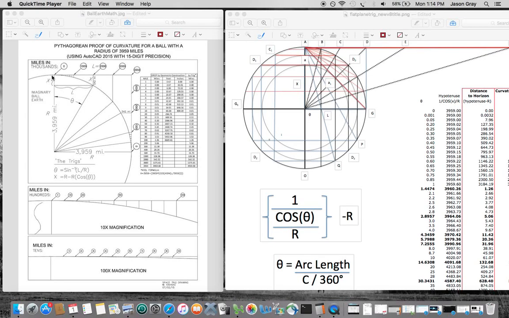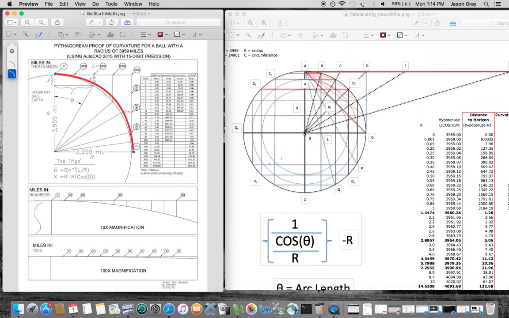Okay, so what I'm trying to describe here is the arc length, and how that influences the distance to horizon. If you look over in this diagram, I've got these dotted lines that come up.